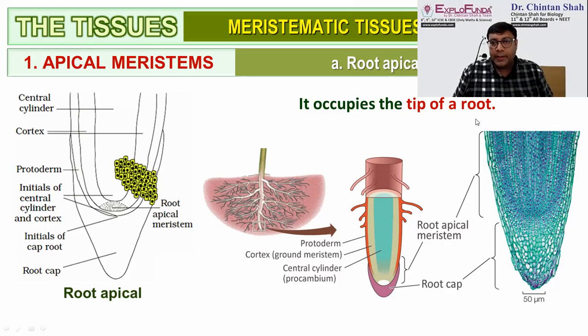It occupies the tip of a root. This is a root cap, and this is root apical meristem. In the root apical meristem, the central one is known as what? From this to this is known as a central cylinder. Then this will be cortex, this will also be cortex, and the outer side of that will be known as a protoderm.